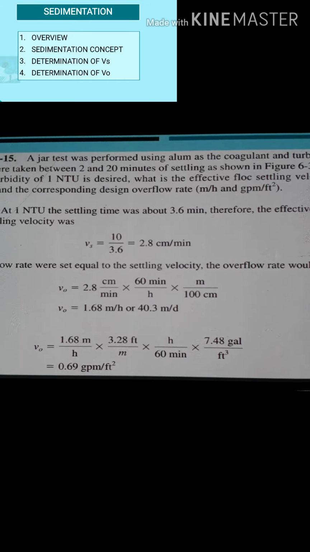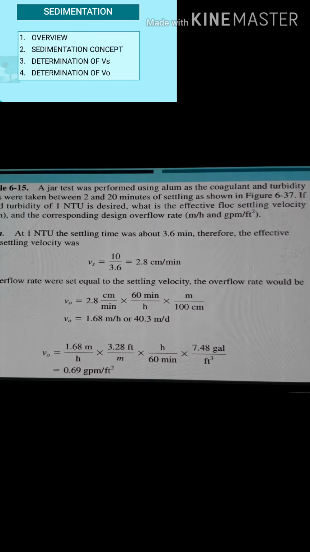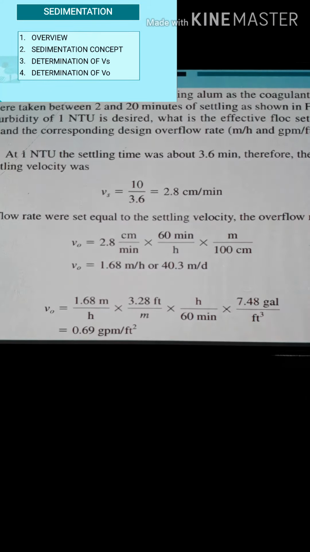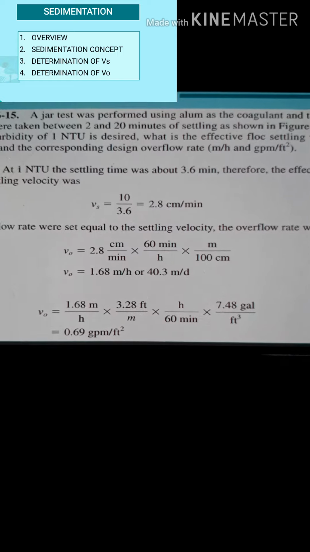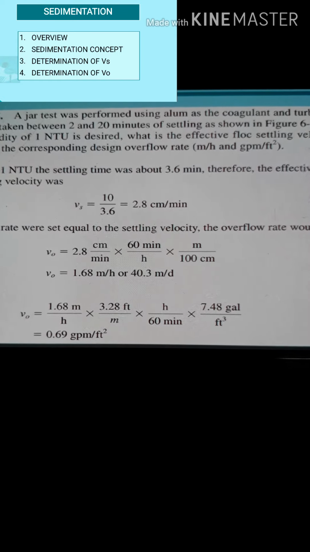So it's actually a long process, but it's all just for changing the unit to make it a Vo. So at the end, we'll get the Vo, or the overflow rate, of 0.629 GPM per square foot. That's for a sedimentation problem.